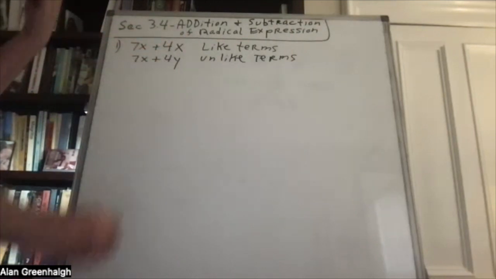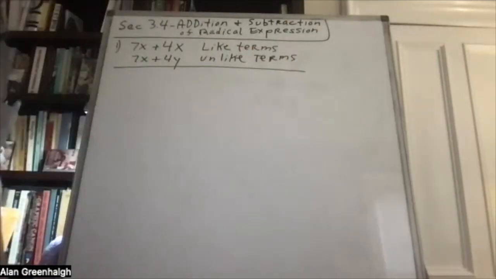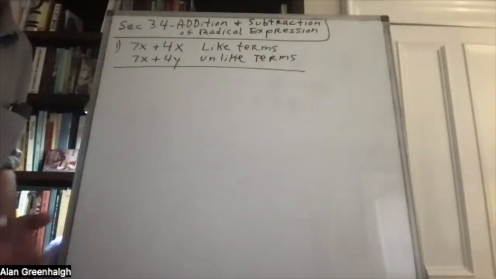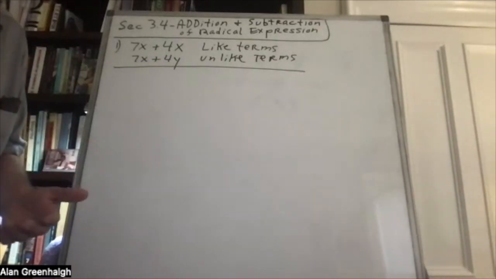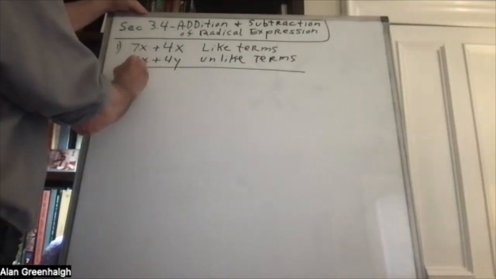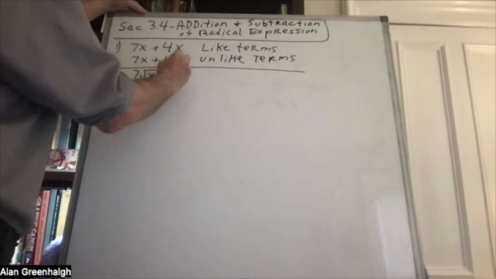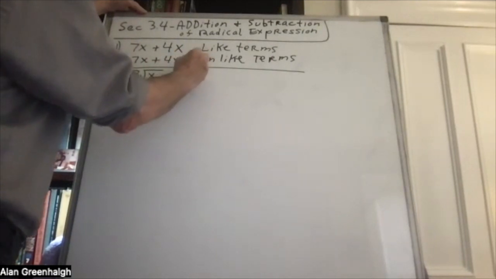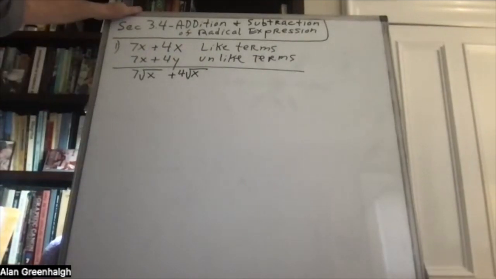So when we're talking about radicals, what are like terms and what are unlike terms? In other words, when can we add radicals or subtract them, and when can we not? Well, in this case, you can add these two radicals.